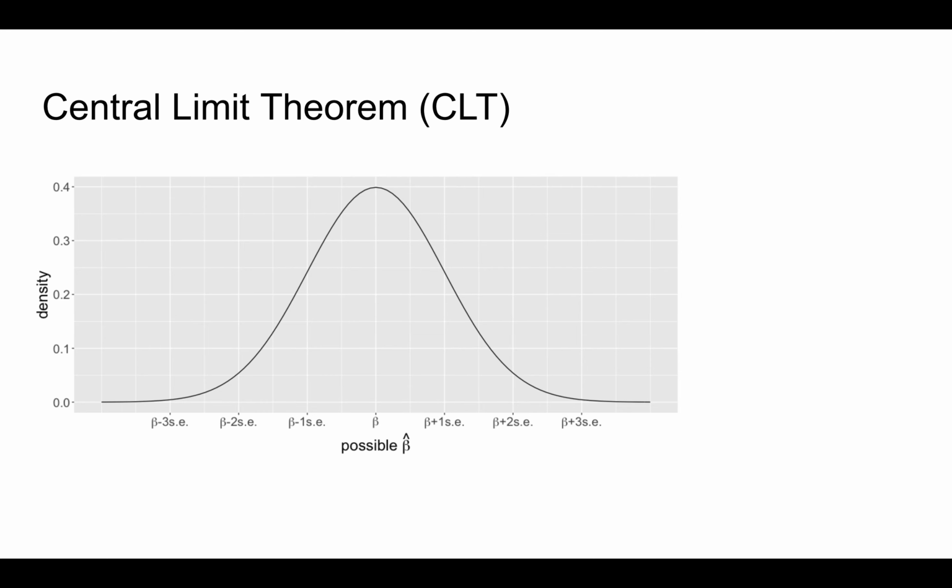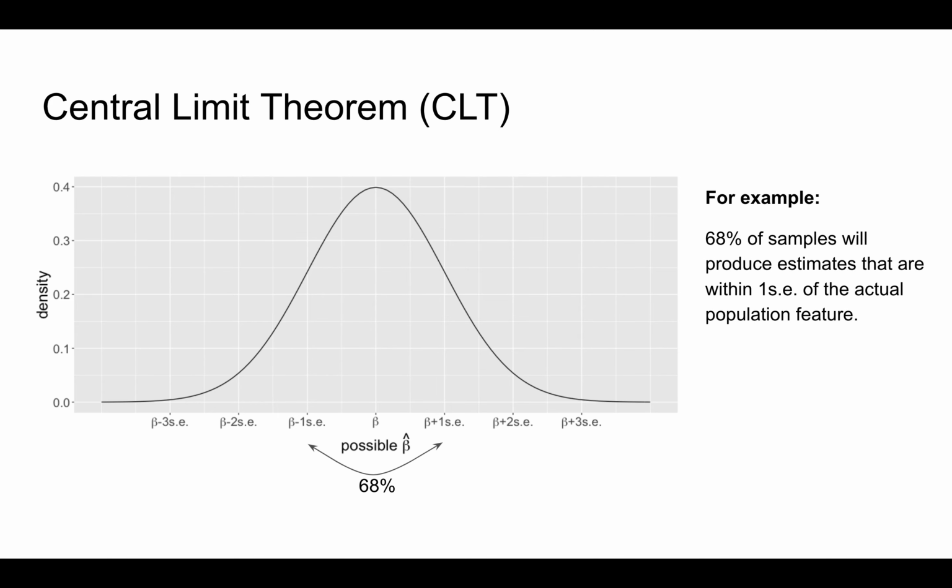Combining this result with the 68, 95, 99.7 rule for normal models, we can assume that 68% of samples will produce estimates that are within one standard error of the actual population feature. 95% will produce estimates that are within two standard errors, and 99.7% of samples, or nearly all samples, will produce estimates that are within three standard errors.